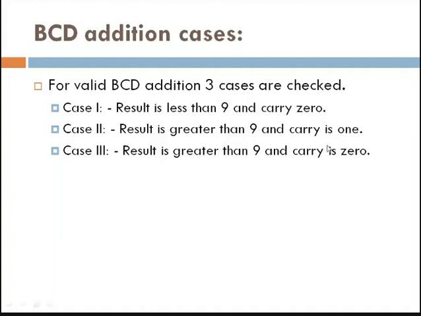In that case, your result is greater than 9 and also carries 1, so this is considered an invalid result, and we want to convert the invalid result into a valid one. Then case 3: the result is greater than 9 and carry is 0.